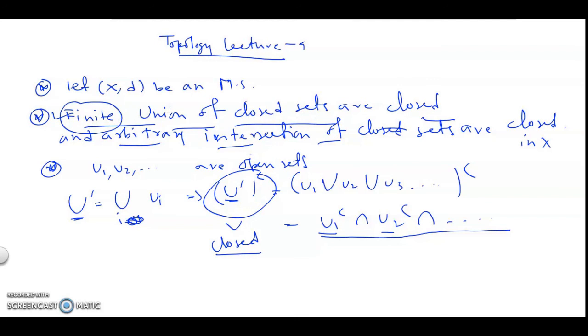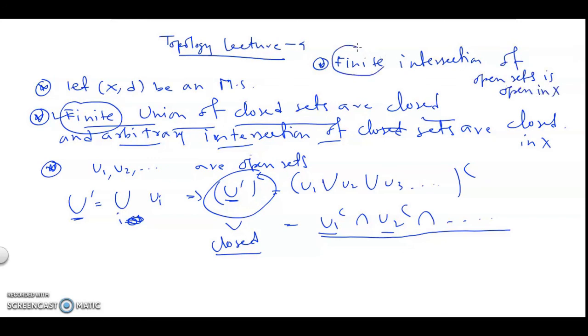Because here we used that finite union of closed sets is closed. And one concept in the previous slide is that finite intersection of open sets is open in X. Now if we remove this finiteness and take arbitrary intersection of open sets, will it be open in X? What will be that result?